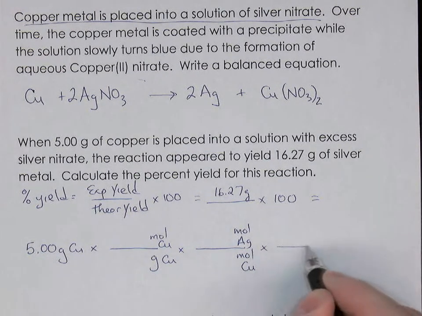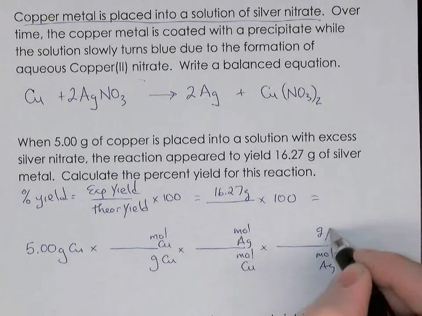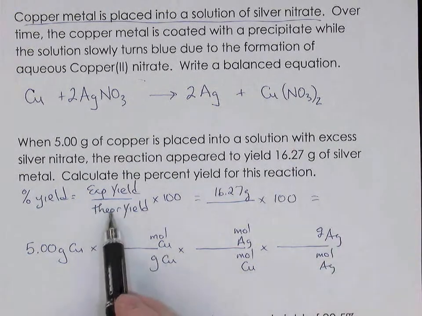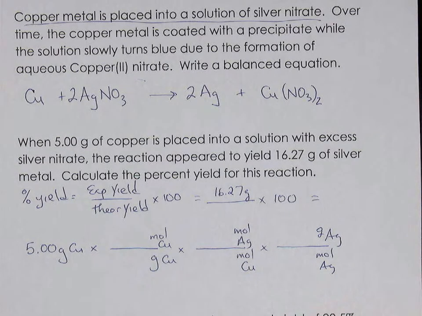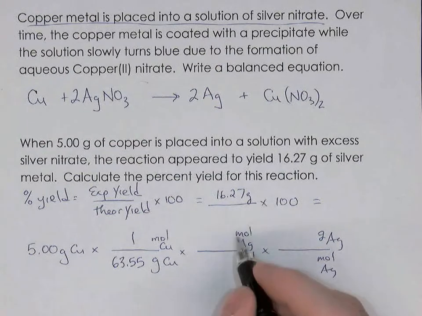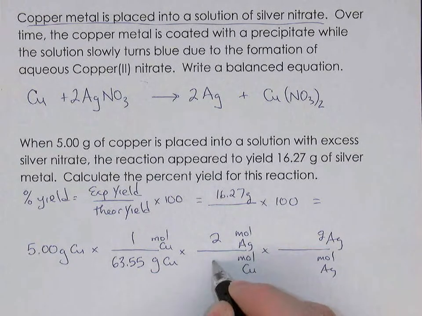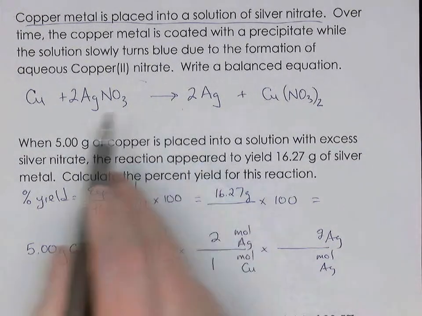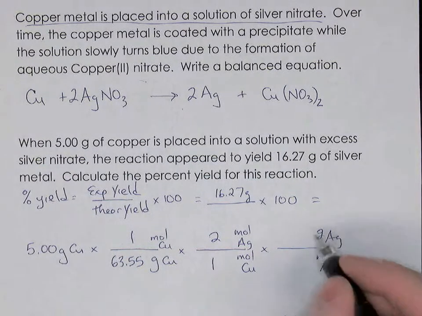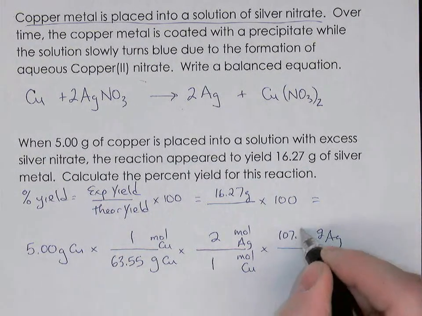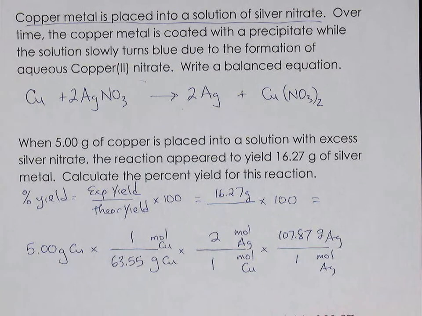And then moles of silver to grams of silver, because we were calculating percent yield based on the grams. So 1 mole of copper is 63.55 grams. The balanced equation tells me 2 moles of silver come from 1 mole of copper, 2-to-1 ratio, and 107.87 grams is the mass of 1 mole of silver.